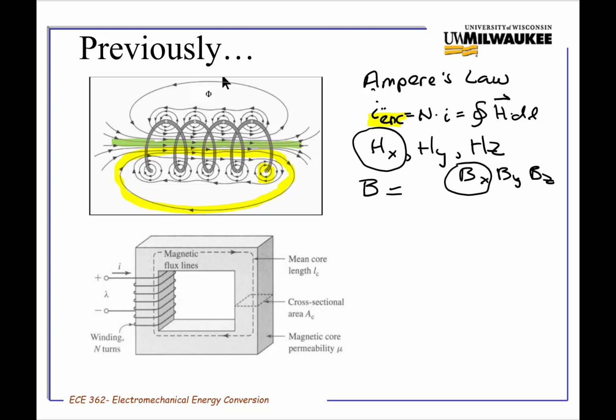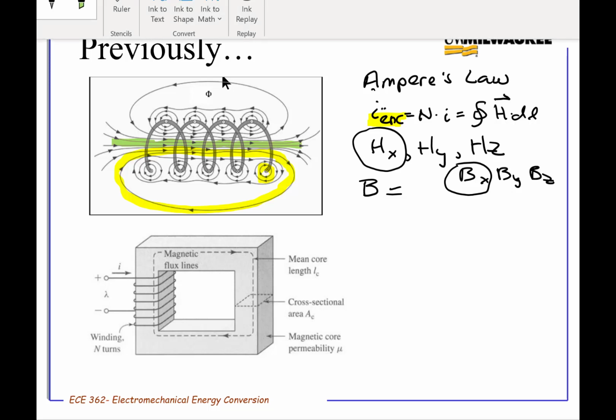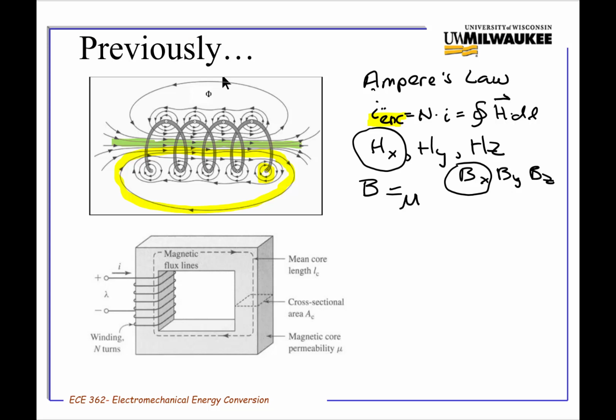The difference between B and H is simply a multiplication times, again, a scalar quantity. So we have this expression here, and we're talking about in the air. The flux density in the air is related to the magnetic field intensity by mu naught, 4 pi times 10 to the negative 7th henry per meter.